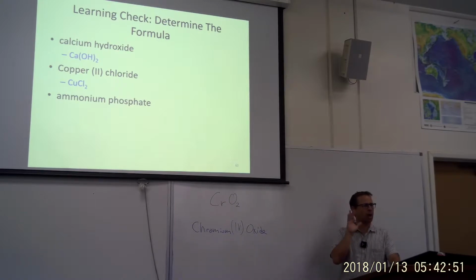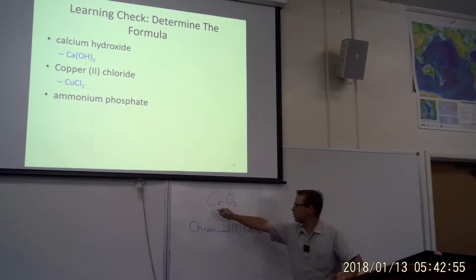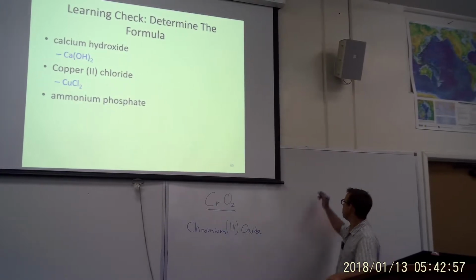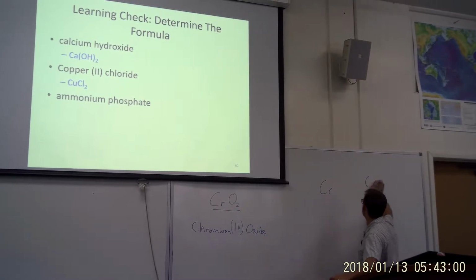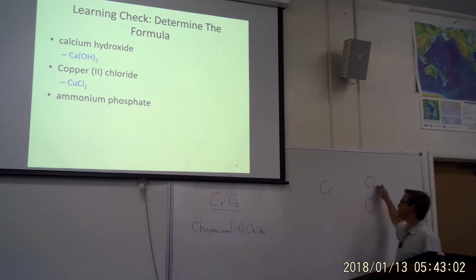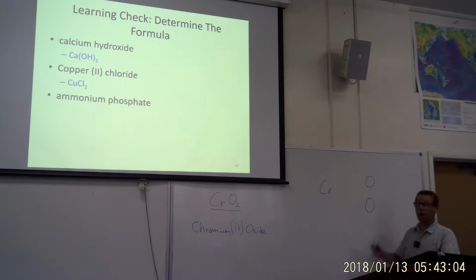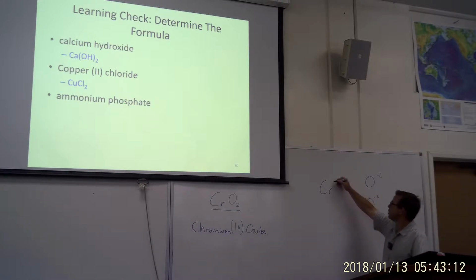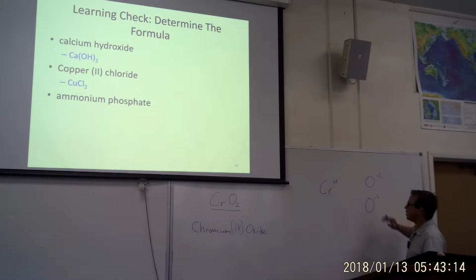Does everybody know how we knew it was a plus 4? No. Okay. So what we have here, apparently they're telling us that 1 chromium gets together with 2 oxygens. Oxygen, we know, has to have a -2 because of its location on the periodic table. It's a representative element. So then this must be a +4 to balance those out.